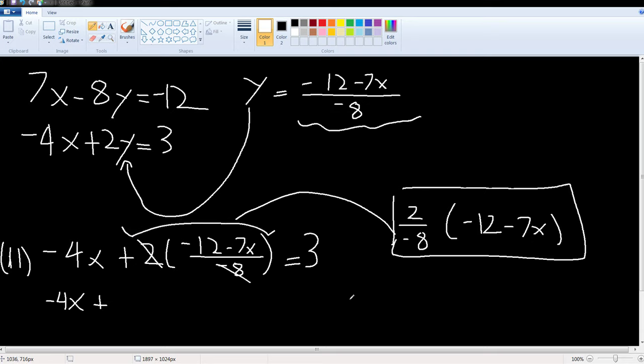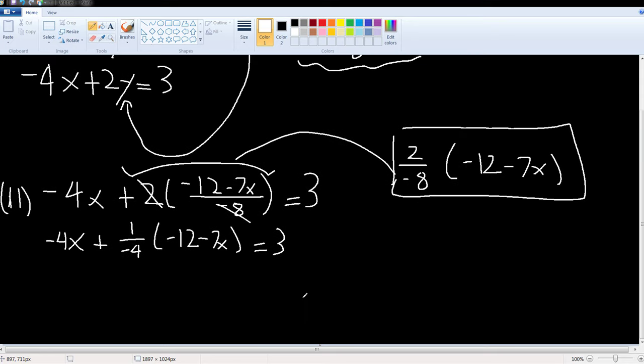Same stuff. So if I simplify this, I would get 1 over -4 times -12 minus 7x is equal to 3. Now it's important that when we add these terms together, we need to have a common denominator. So a common denominator for all of these could be -4.